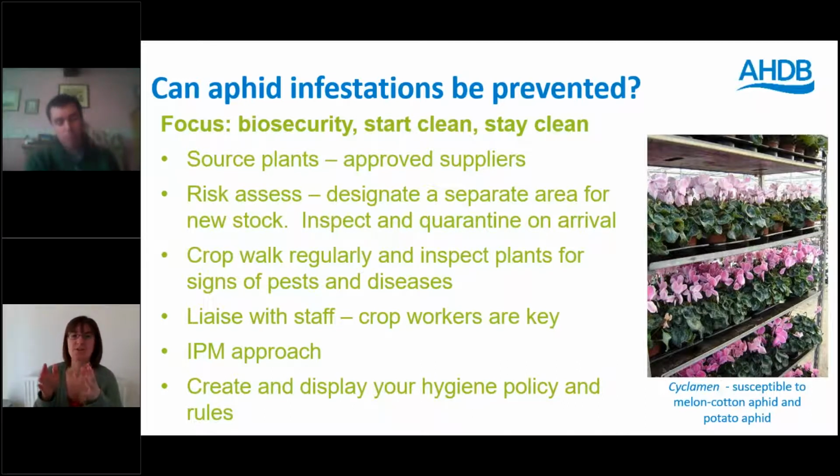So make sure that they know who to speak to if they do find anything that's wrong, and see if they can undergo some training to recognise different pests and diseases, or if they don't know exactly, make sure that they know who to tell at least, so that somebody is being told that there's a potential problem with this crop before it gets out onto the nursery and that problem can spread. So maintaining good communication within the team is really important.